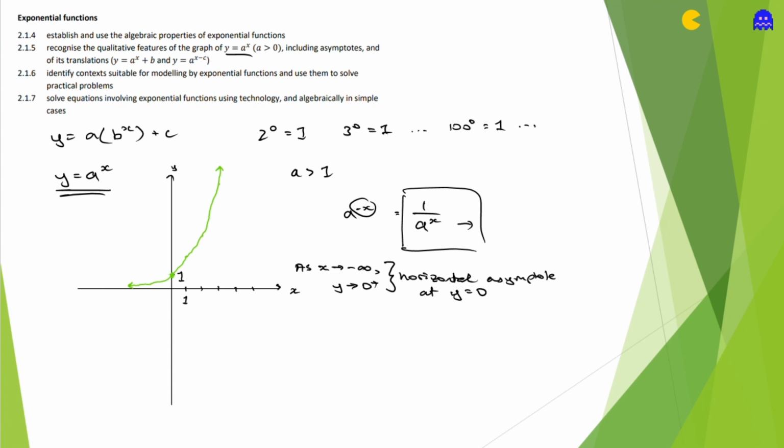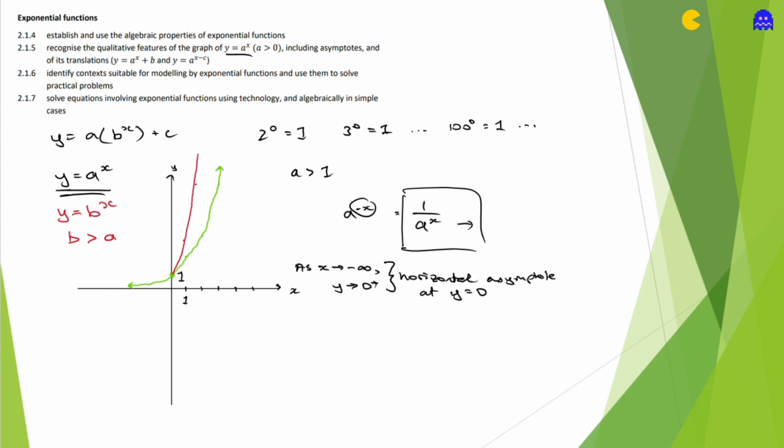If we change our a value and have a larger value, say the function y equals b to the power of x, where b is larger than a, then at x equals 1 we have y equals b, which is larger than a, and at 2 we increase by an even greater amount. So we have a steeper exponential growth, but it still passes through the point (0, 1).